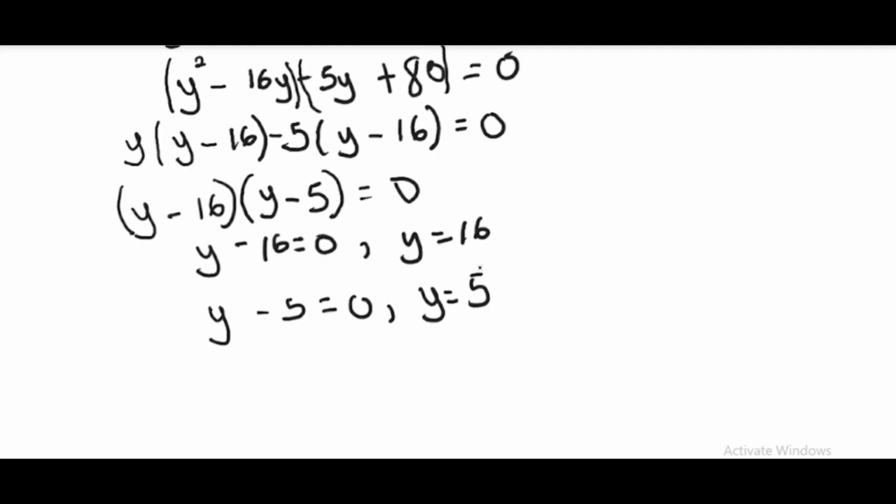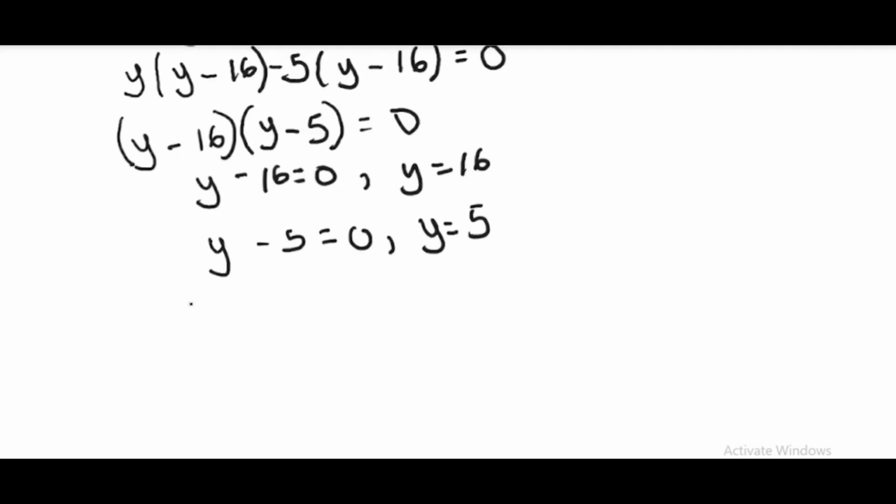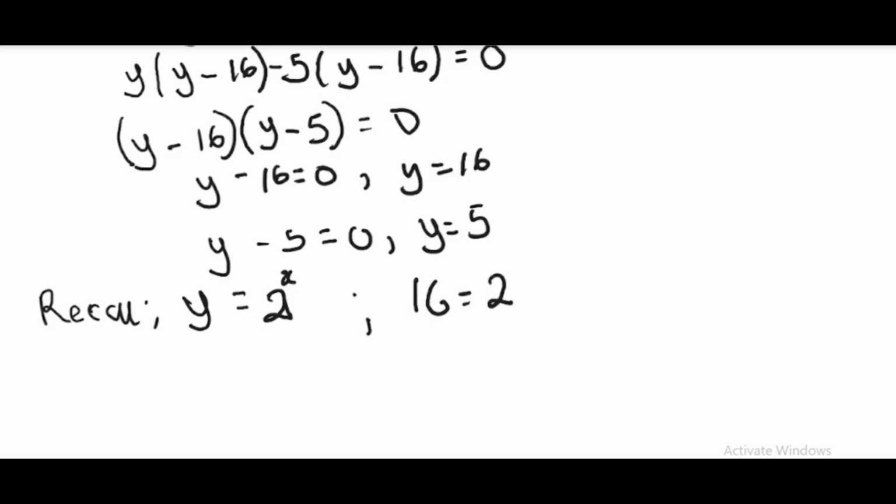We are asked to find x, right? And recall that we said let y be equal to 2 raised to the power of x. Okay? And now we know the values of y. So we can also know the values of x. So if y is 16, we will have 16 to be equal to 2 raised to the power of x.